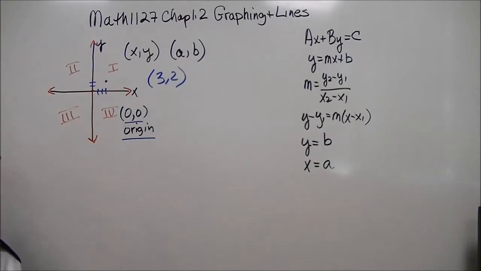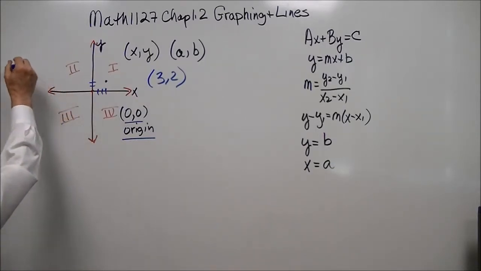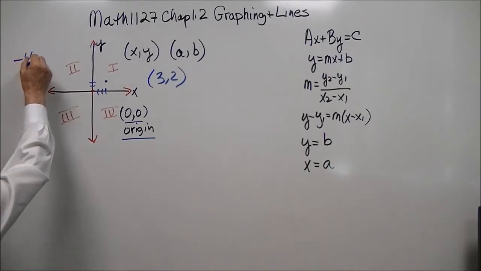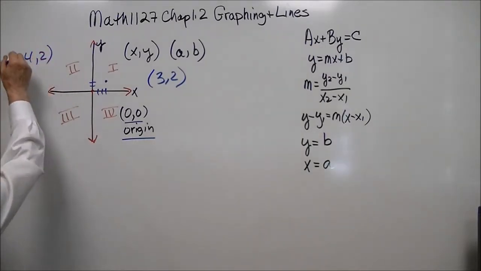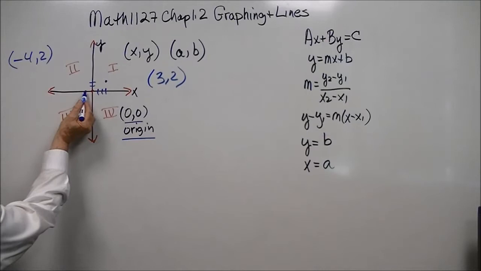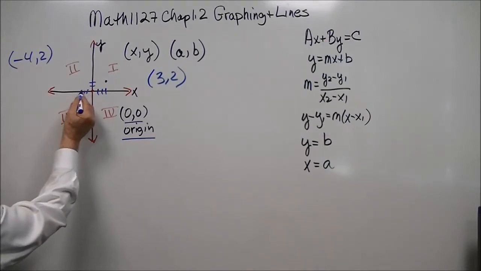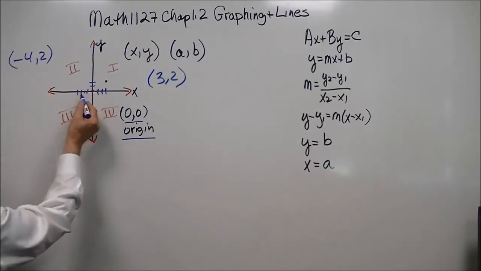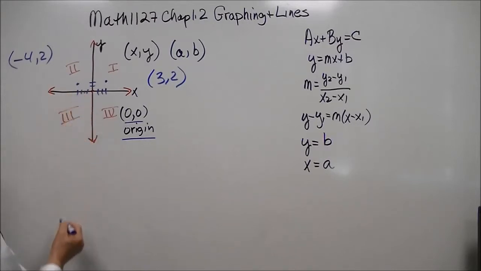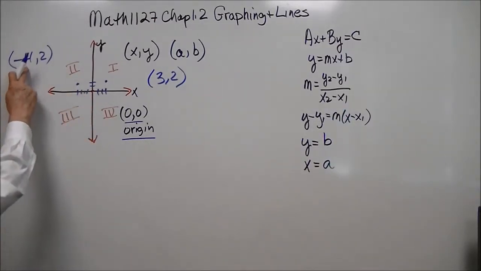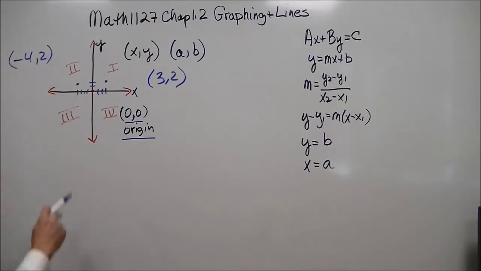That places it in the first quadrant. If you had one here, it would be like -4, 2. Here you would go -4, 1, 2, 3, 4, and then again up 2, would put it right there. Here the x is negative, the y is positive. That puts it in the second quadrant.